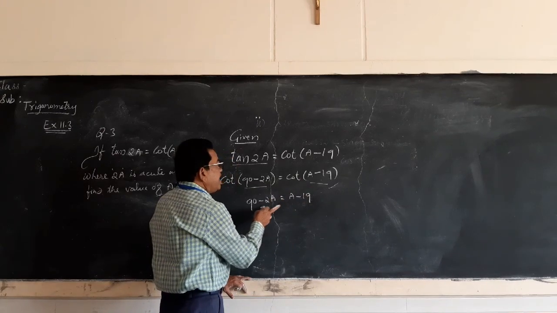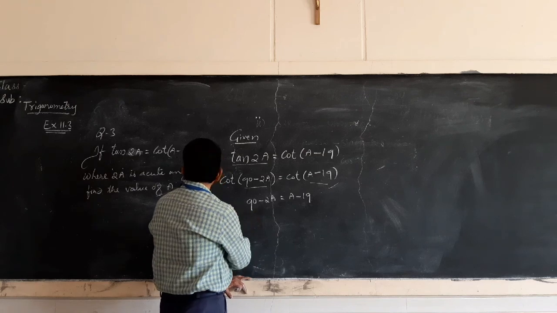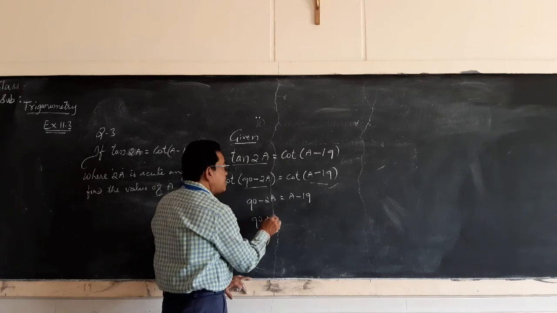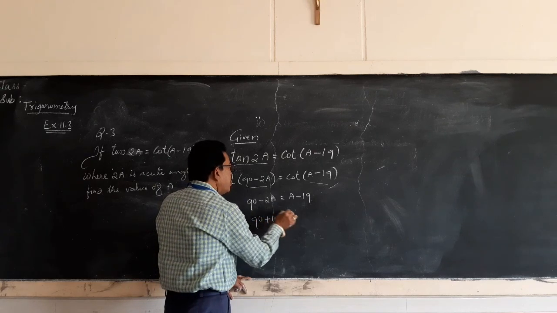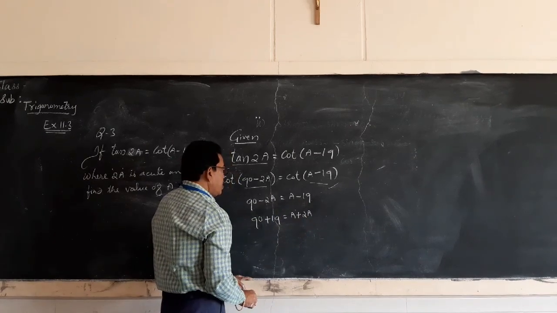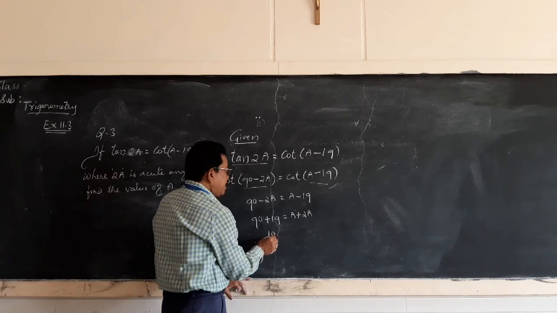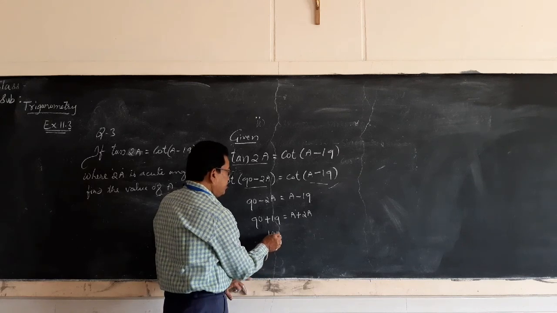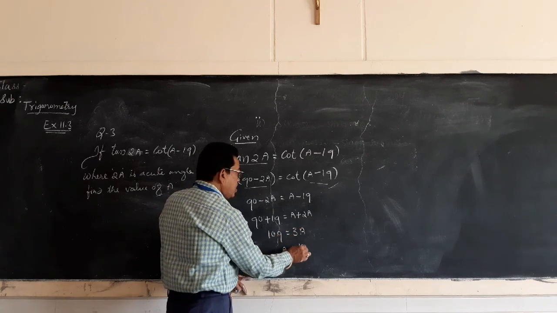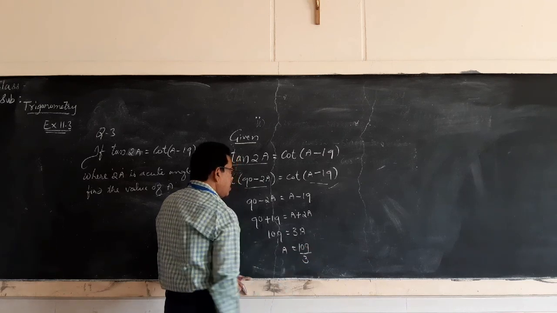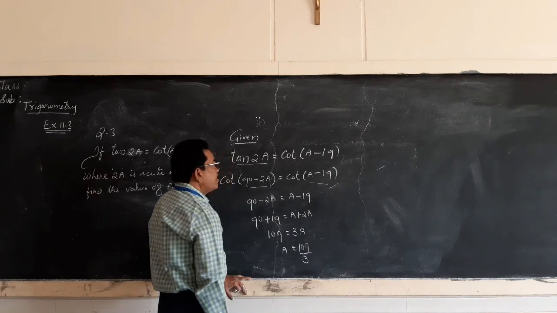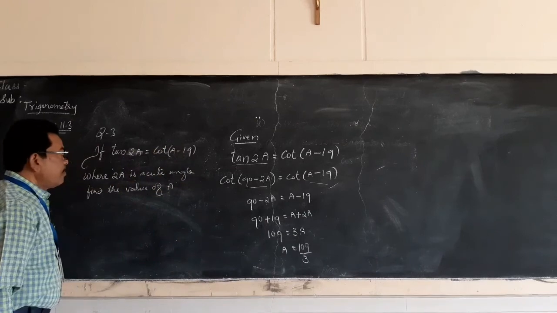Okay, now 90 minus 19 plus 19 equals a minus 2a plus 2a. 109 equals 3a, therefore a equals 109 by 3.